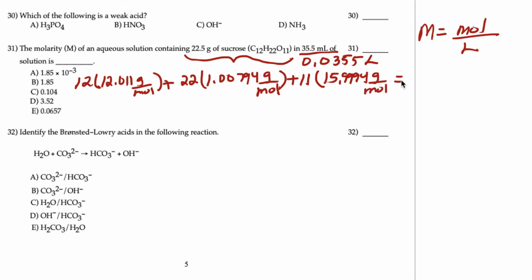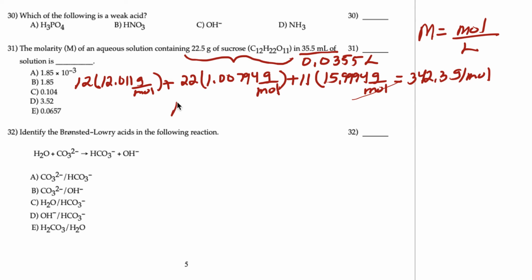So we put this into our calculator, 12 times 12.011 plus 22 times 1.00794 plus 11 times 15.9994. And the sucrose has a molar mass of 342.3 grams per mole.